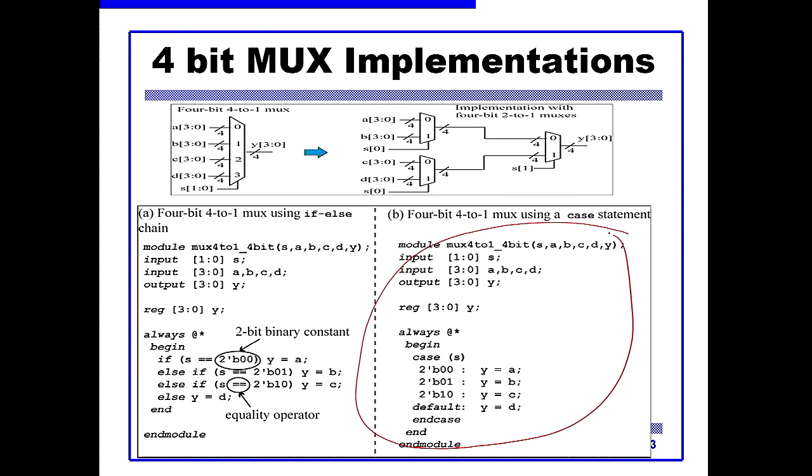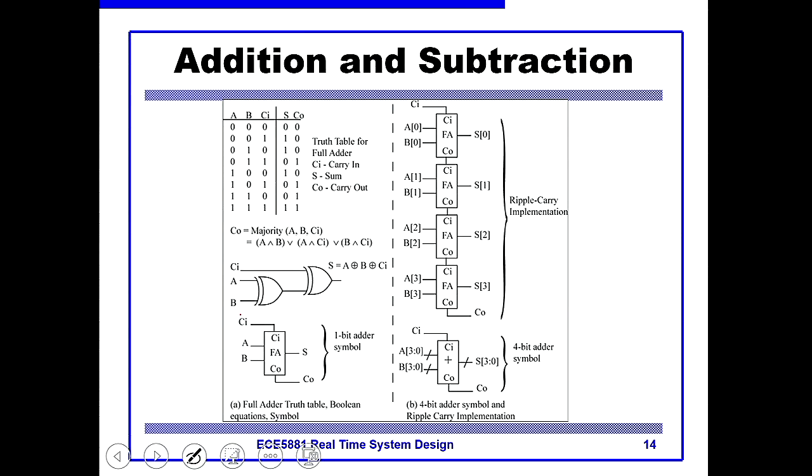So when you're designing, you should be using the highest level form of the hardware description. These are alternate lower level forms that are not recommended to be used in practice. Similarly with addition and subtraction, we're going to start off with low level implementations that you will see are not very nice, and we'll then move on to how we do it in practice.